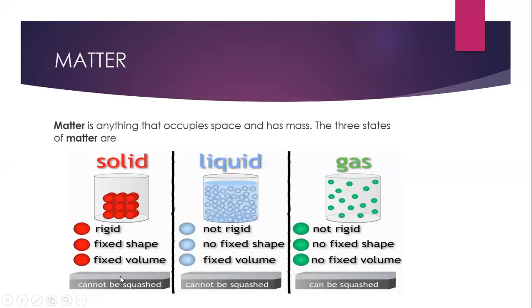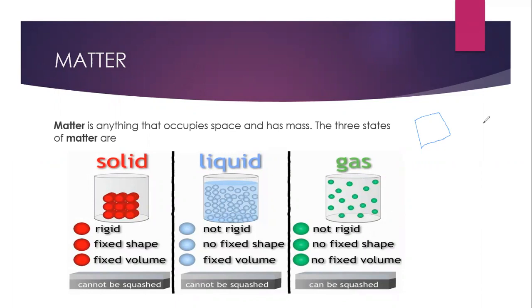But if we talk about the liquid, liquid has a tendency to flow, so they are not rigid and they do not have a fixed shape. Suppose I take a container which has a square shape, and I put 10 ml of water, so this 10 ml of water will occupy the square shape.